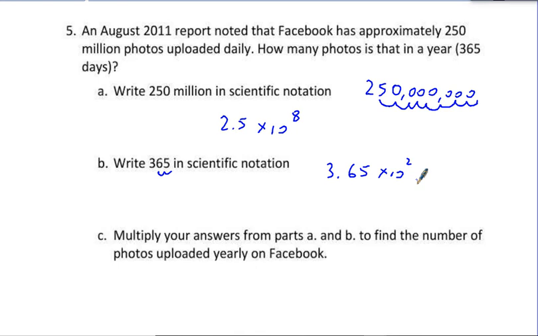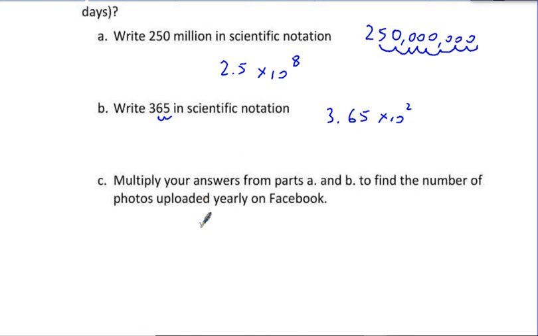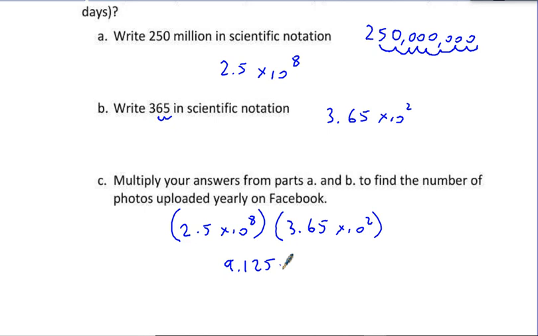Now, 365 is not a very large number. The reason we're going to write that in scientific notation is so that the multiplication step could be a little simpler. 2.5 times 10 to the 8th times 3.65 times 10 squared. 2.5 times 3.65 is 9.125 times 10 to the 8th times 10 squared.